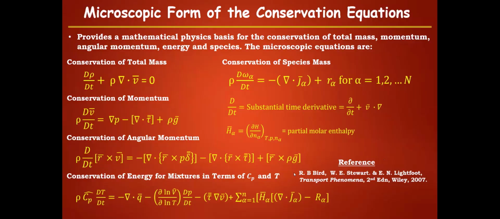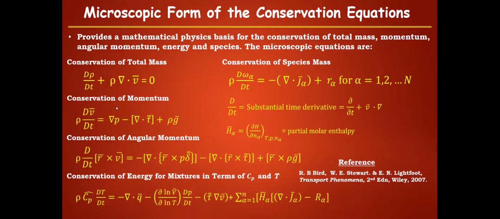And these are all really the subject of a landmark book, first edition written in 1960 by Bird, Stewart and Lightfoot. So Maple, with its tensor calculus package, is a very useful tool for students to understand how we transform these tensor vector forms of the governing conservation principles, and we apply those to problems.